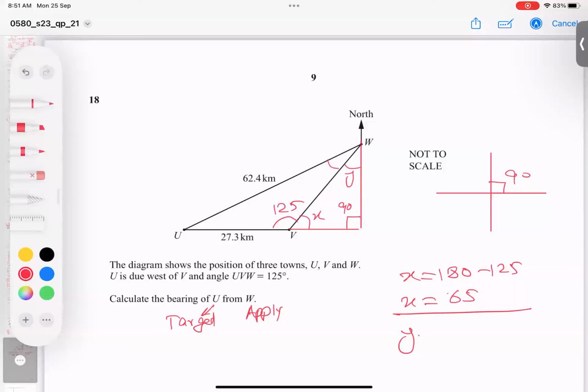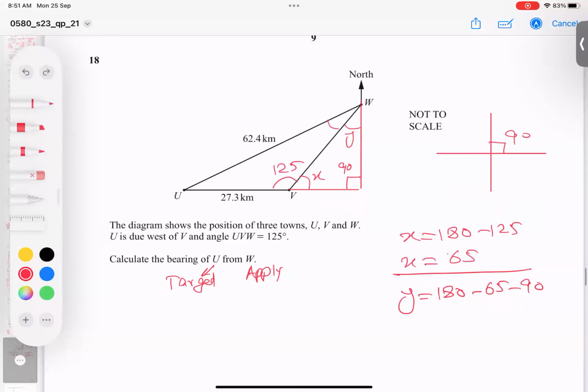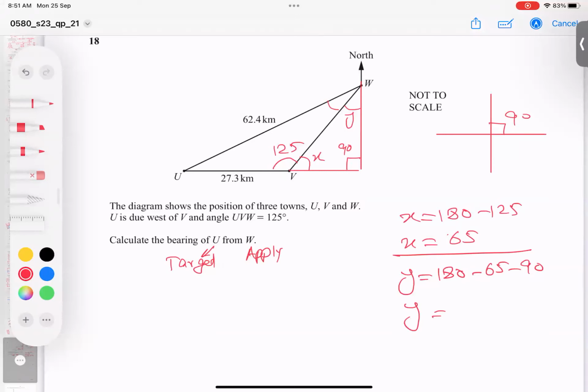Y is equal to 180, subtract 65, and subtract 90, because these 2 angles are given. Or why waste our time? Simply, from 90 subtract 65 to get this angle. So I'm getting 25. I hope this point is very, very clear.